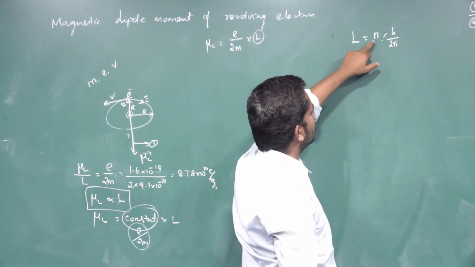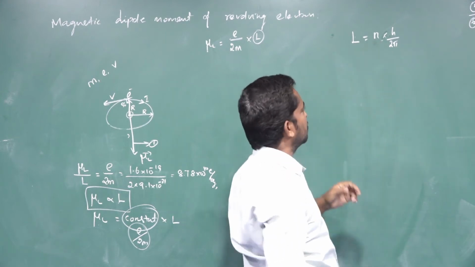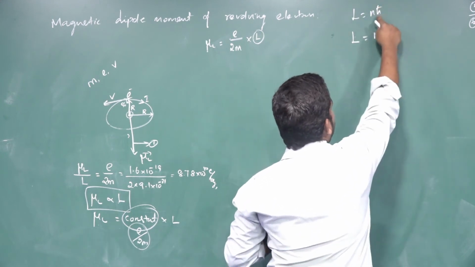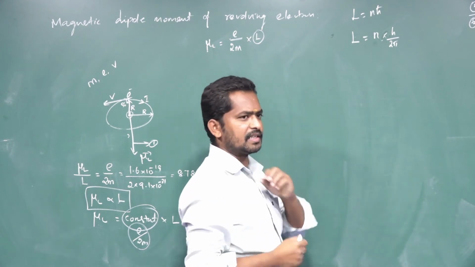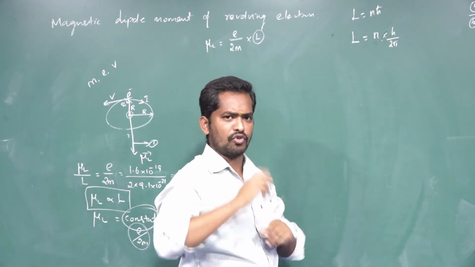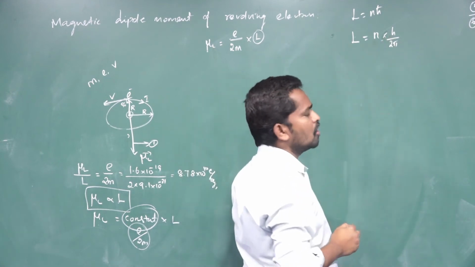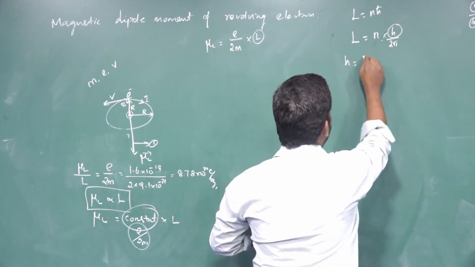So L is equal to n h bar, where h bar is h divided by 2 pi. You will see this quantization theory explained in detail in the Bohr atom model. Here h is Planck's constant.